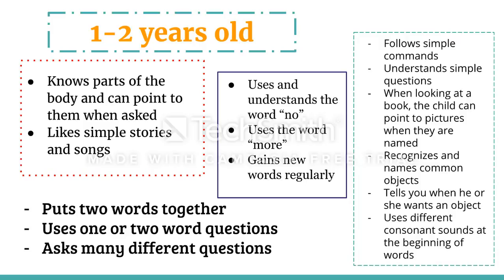And then they should also be able to recognize and name common objects like toys, shoes, clothes, things like that. Tell you when they want an object, and then they will also be using different consonant sounds at the beginning of words. So things like b, p, sounds like that at the beginning of words.